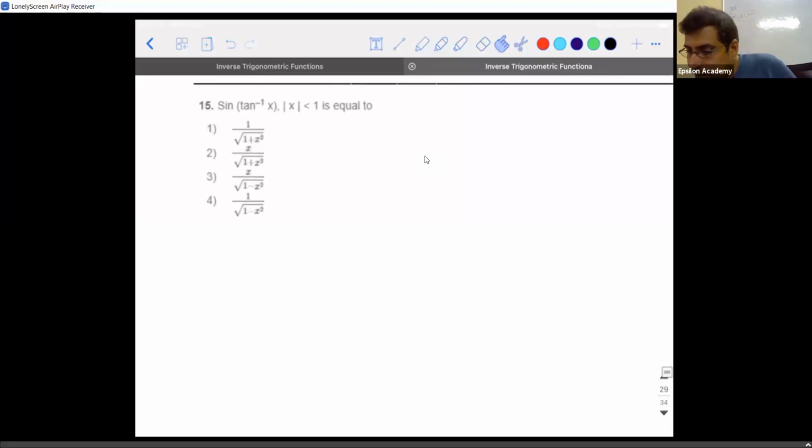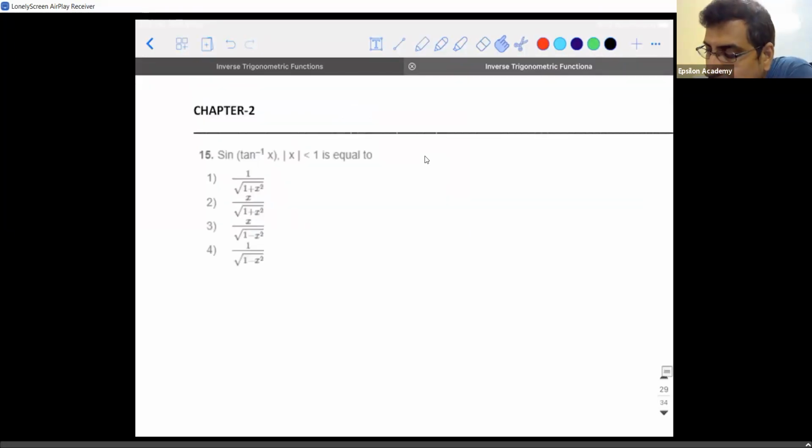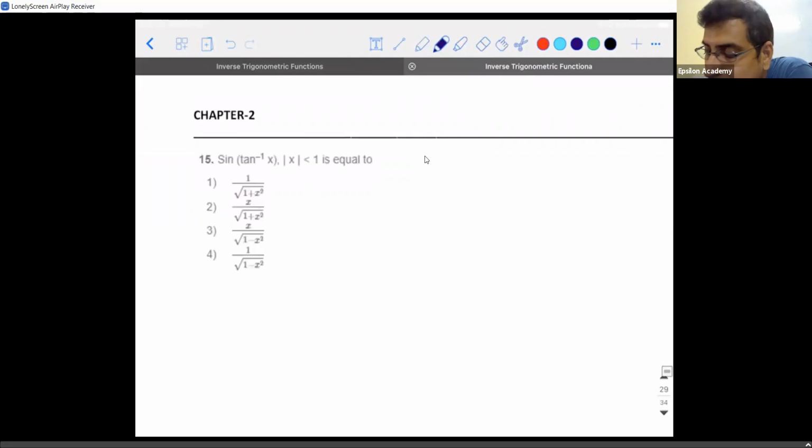The 15th one is the value of sine of tan inverse x is equal to how much? So if you observe, all the options that are given are values, no? So when can I get a value from an inverse trigonometric function? If I have a combination of trigonometric and inverse trigonometric, if I need only a value, then what am I supposed to do?